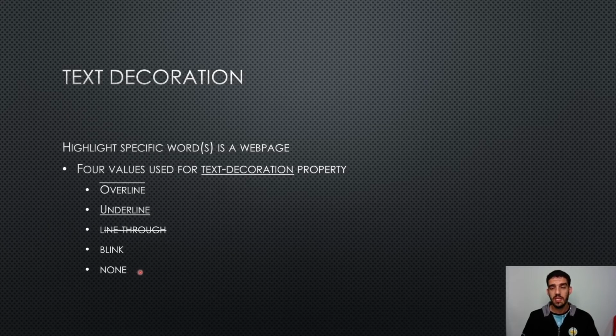So that is text decoration, and the text decoration property will be used in our CSS statement. Remember, all are small letters, no capital letters, but this is just a slide presentation. By the way, links in HTML pages mostly have an underline. So you can use the none value to remove the underline from the links in your web pages.